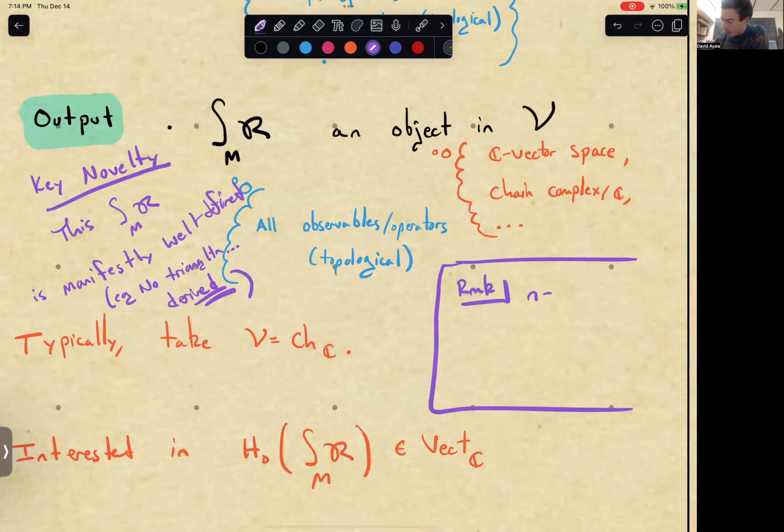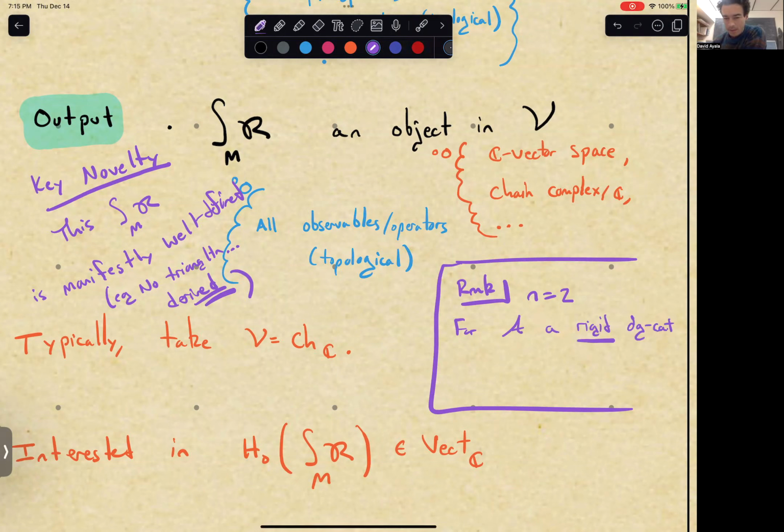When n is equal to 2 actually, let's say a rigid DG category, and there what this means is that there's a monoidal structure, and with respect to that monoidal structure, every object has a left and right dual.